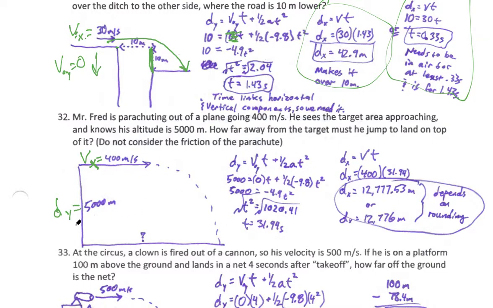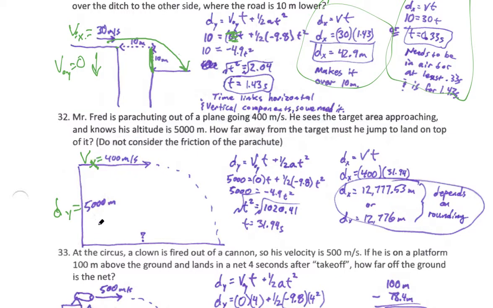So I know my distance in the y direction. That's right over there. My initial velocity, careful, is not 400. It is 400 in the x direction, but not in the y direction. Remember, we've got to break everything down into components. So my y direction initial velocity is 0, because I'm not quite falling yet. If the man's standing in the plane, he is going 400 meters per second along with the plane.